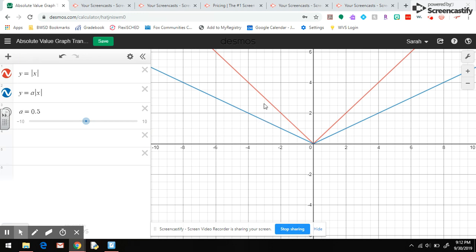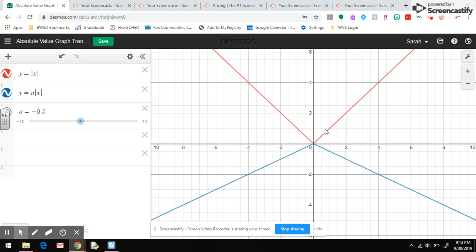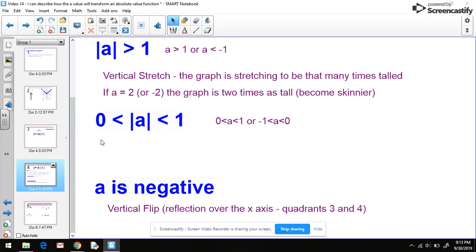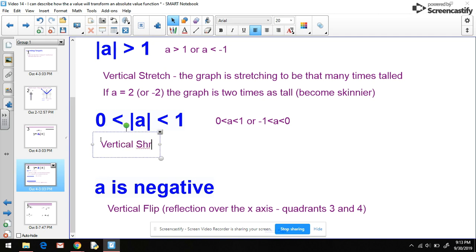And what's really happening is we're taking the height of that graph and multiplying it by a half. And think about if I took your height and I multiplied it by a half but left you the same weight, you would in essence get wider because your weight would have to compress down. So if I took your height and I smushed you down, you would get wider as well. So what's happening here when we have a equal to 0.5 or a equal to negative 0.5, when we have that value trapped between 0 and 1 or 0 and negative 1, we have something that is called a shrink.